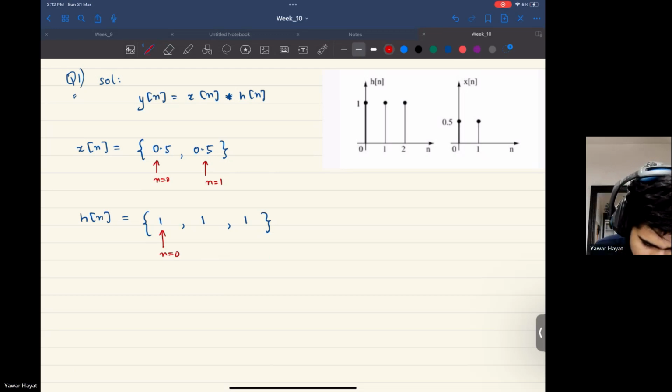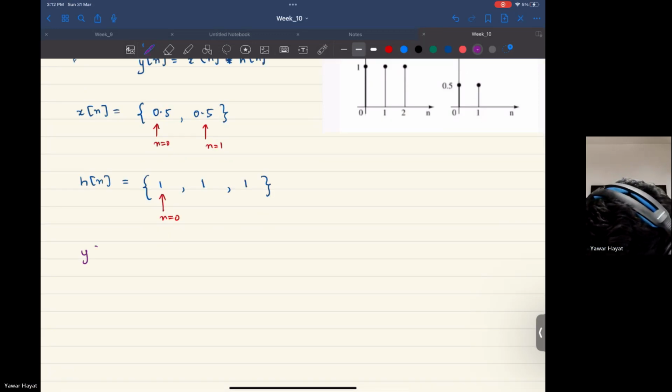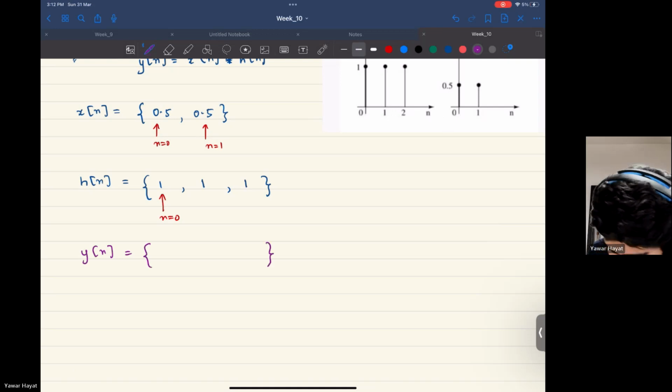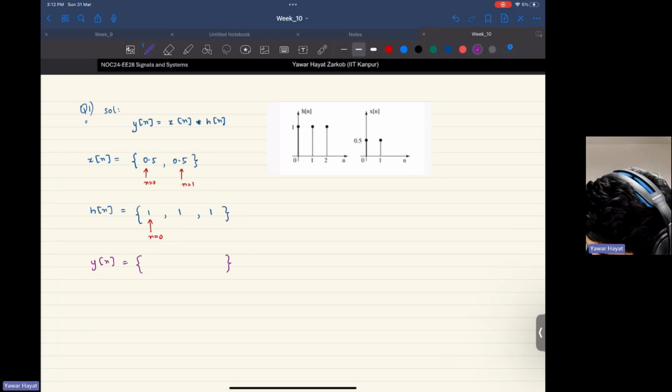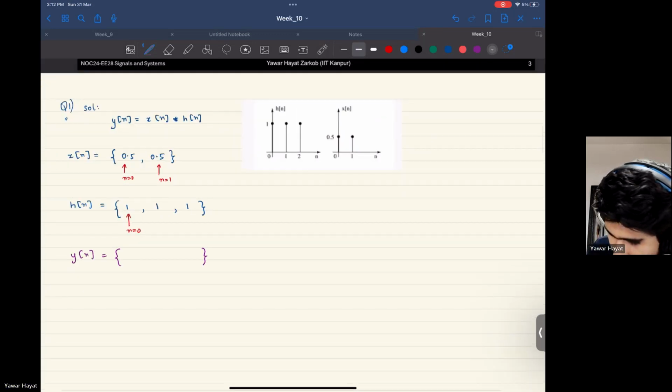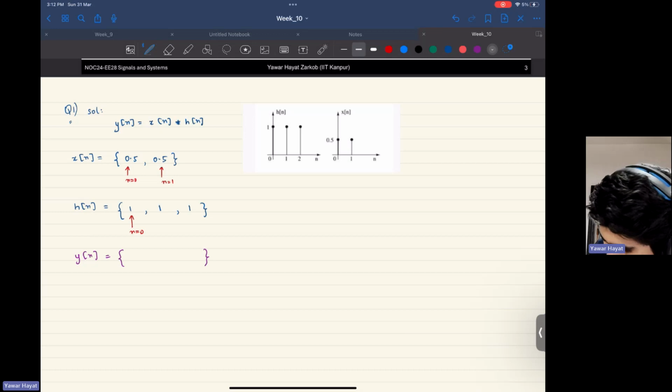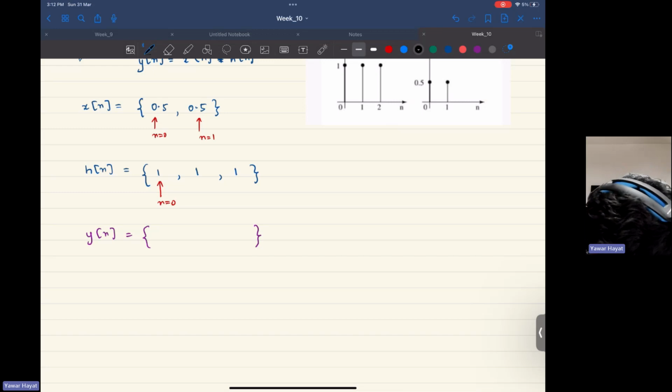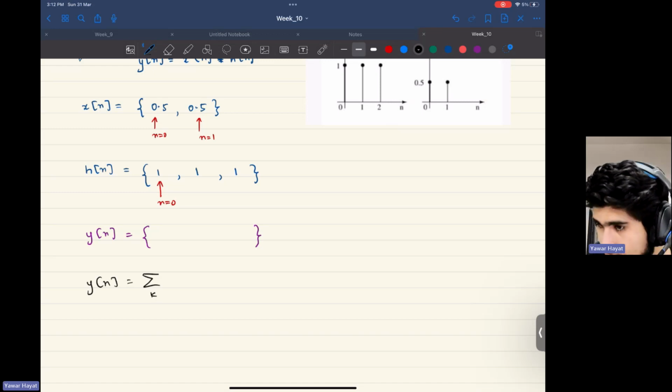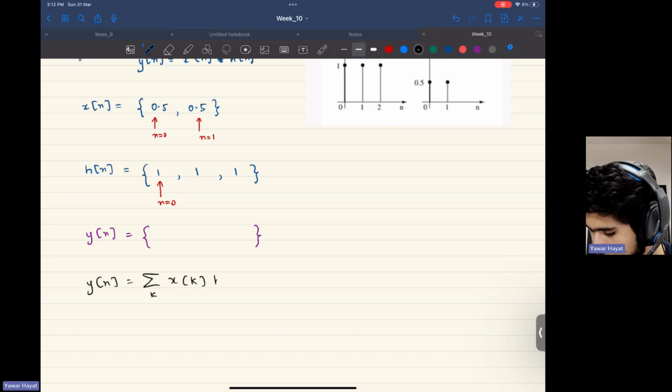Now, we are interested in finding y of n. One way of doing this would be to use the definition: the summation over k of x of k, h of n minus k.